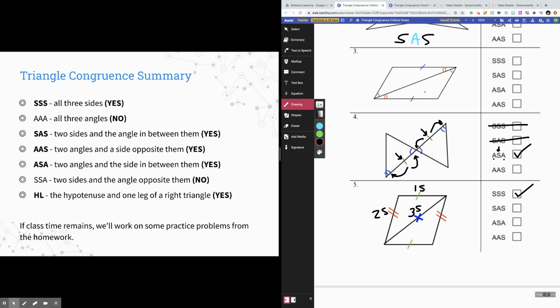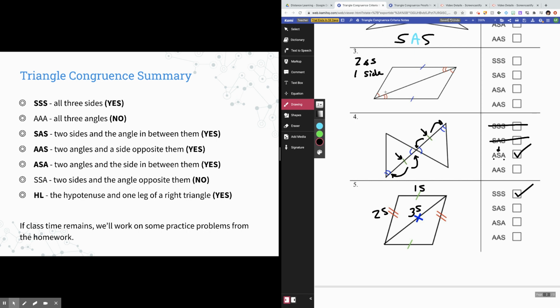So just with what is marked on the diagram right now, I have 2 angles and 1 side. So I can eliminate these first two based on that.